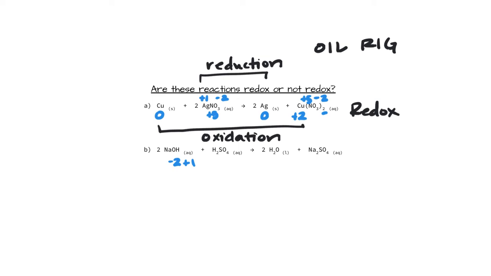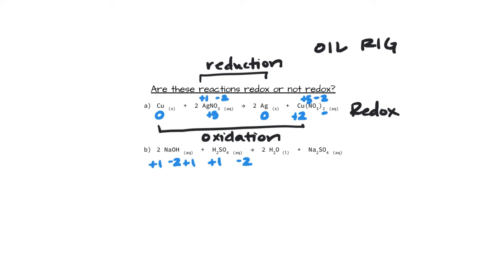And then sodium is in group 1, so it is going to have a +1 charge. Hydrogen is at the front, so I know for a fact it is acting like a cation here, so it has a +1 charge. Oxygen is a -2 charge.